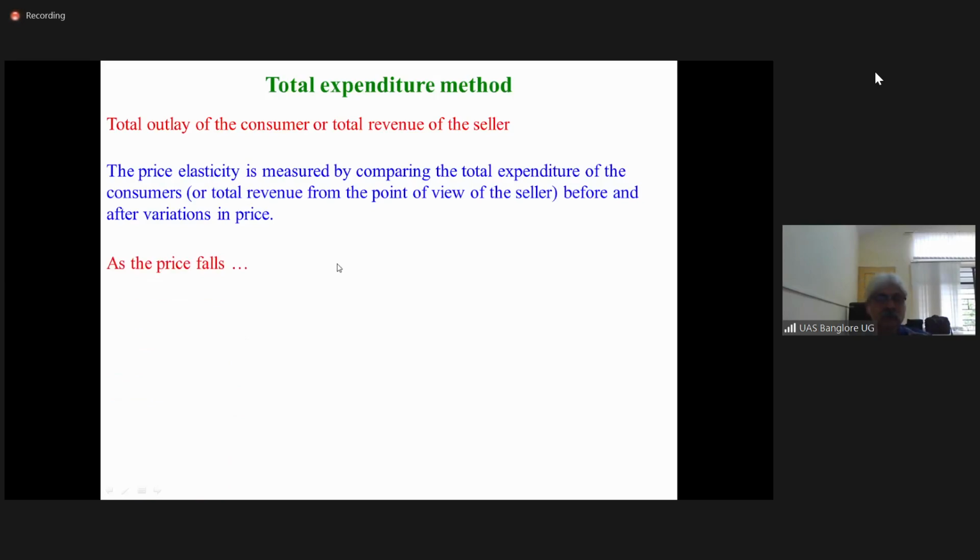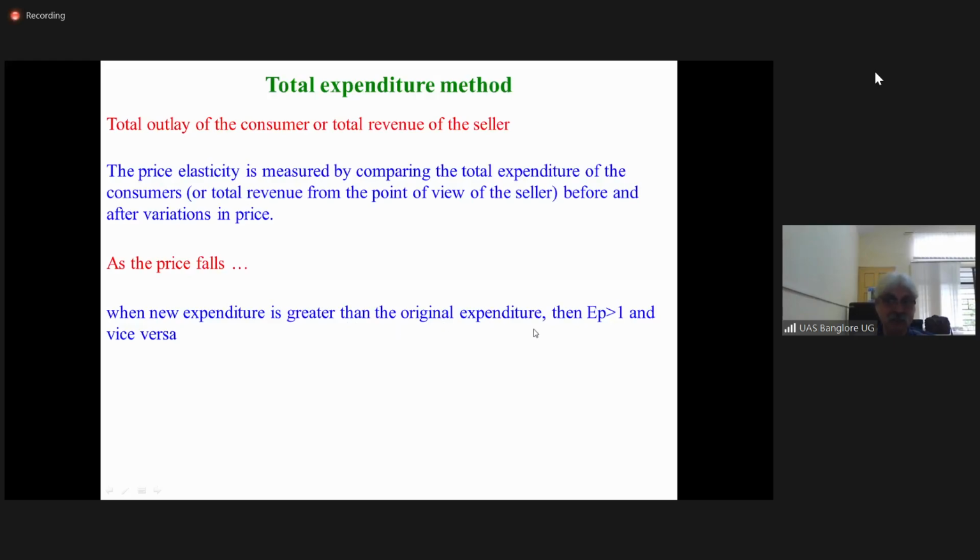Okay, 1 more minute. So as the price falls, what happens? You can imagine in the graph, you are moving from top to bottom. When the price comes down, if the new expenditure is greater than the original expenditure, then your coefficient will be greater than 1, and vice versa.